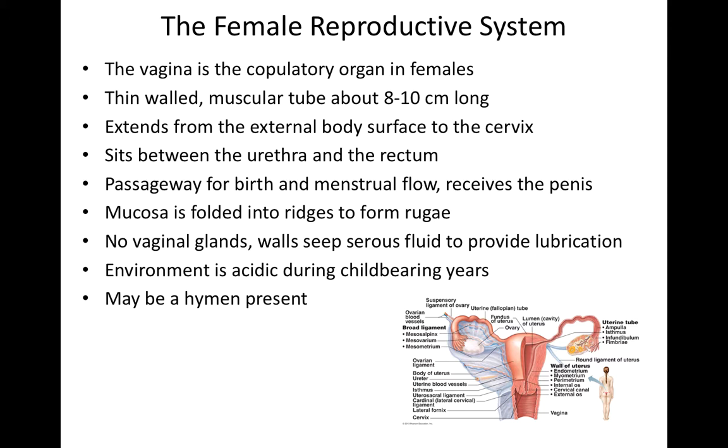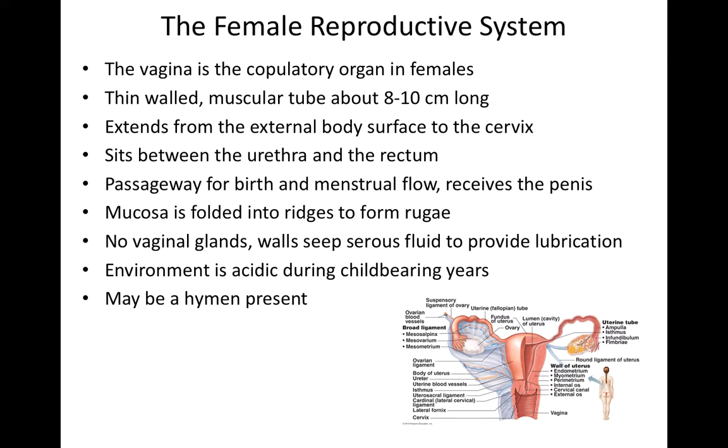So I mentioned the idea of the cervical mucus being protective. The pH of the vagina is also protective. It tends to be very acidic between menarche and menopause. So during the years of menstruation, which are the childbearing years, the pH switches to a more acidic environment to decrease growth of any microorganisms that are introduced into the vagina.